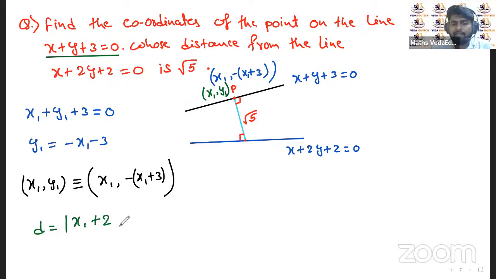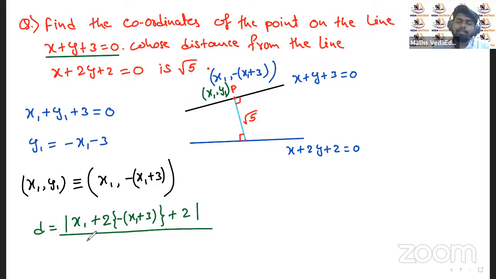So 2 times minus of x1 plus 3, plus 2. This whole thing divided by the square root of the square of the coefficient of x plus the square of the coefficient of y, that is 1 square plus 2 square. And the distance is given here, that is root 5.